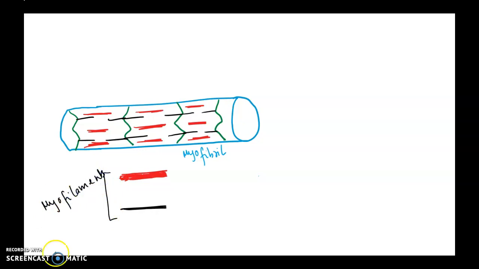As I mentioned, the myofilaments are made up of two types of proteins. The red ones are called thick filaments, and remember, the thick filament is made up of myosin protein. We will look at the structure of myosin protein a little later in this lecture.